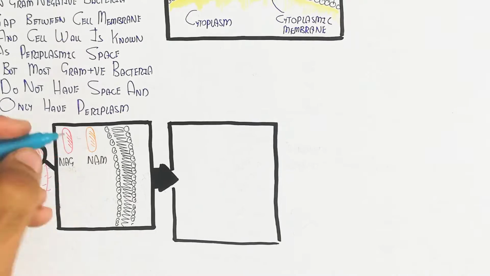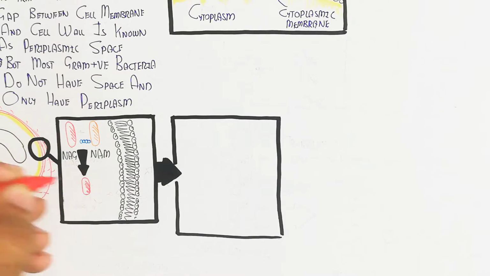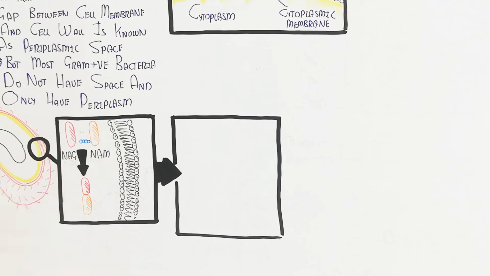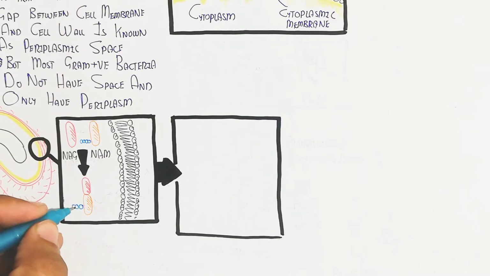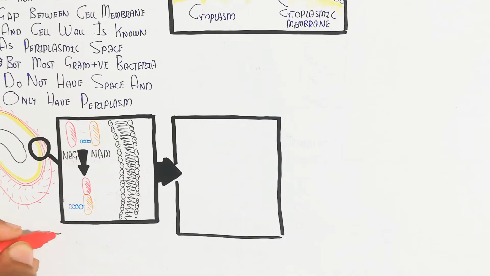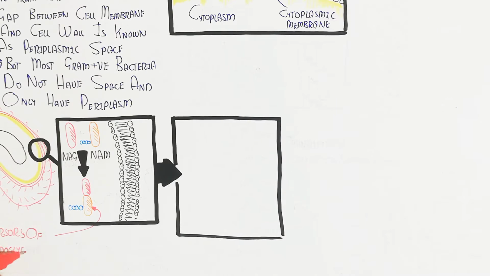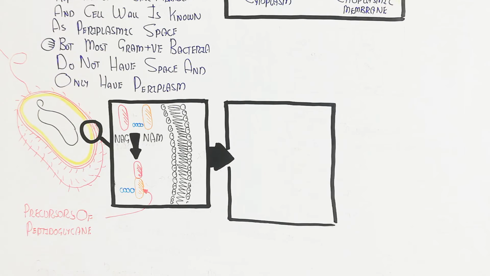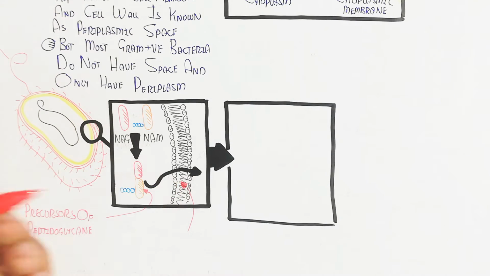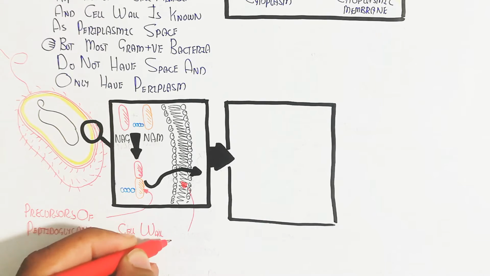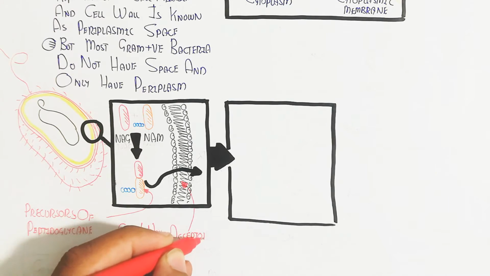So this is the formation where NAG and NAM combine together via a chain of amino acids joined by a peptide bond, and are modified to form the outer region, the cell wall. This is the precursor of peptidoglycan, and this is the cell wall acceptor, with transglycosylation.